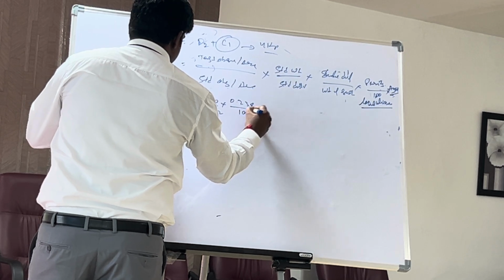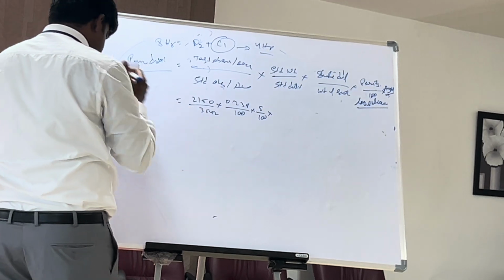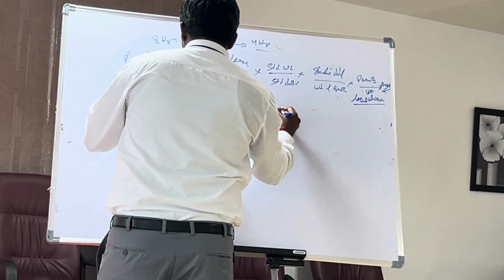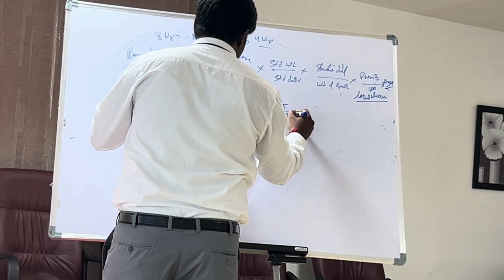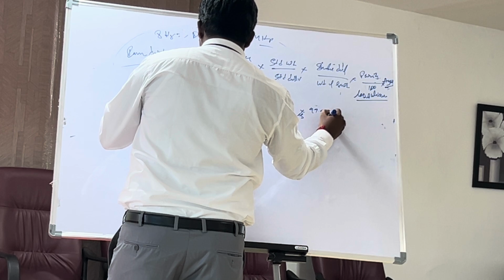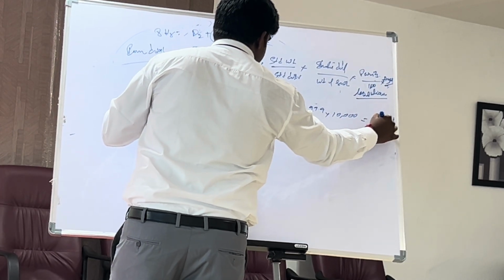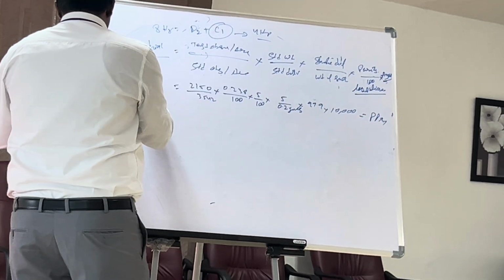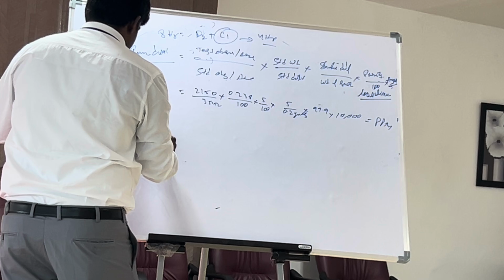It is dissolved in 100 ml and further 5 to 100, and then the 5 ml solution, divided by 0.2 gram of sample weight, into 99.9 which is the potency, and into 10,000. Then they directly get the ppm value. This is methanol. Acetonitrile is similar, dichloromethane is similar.